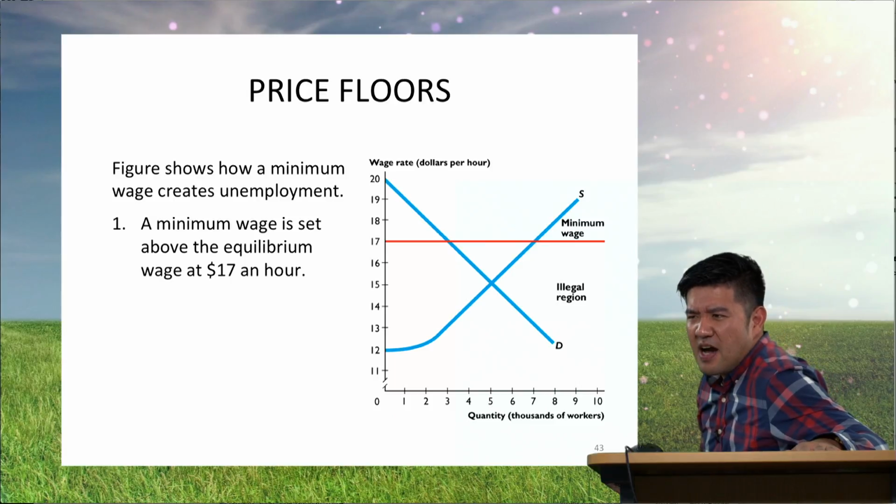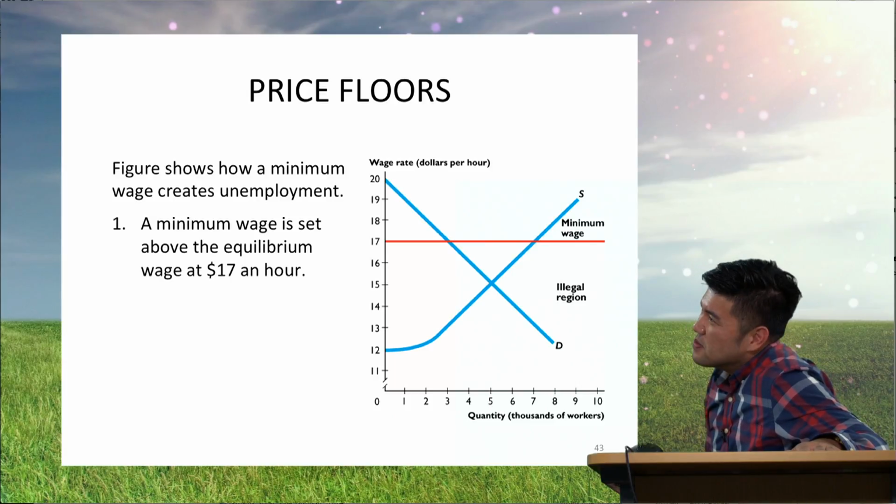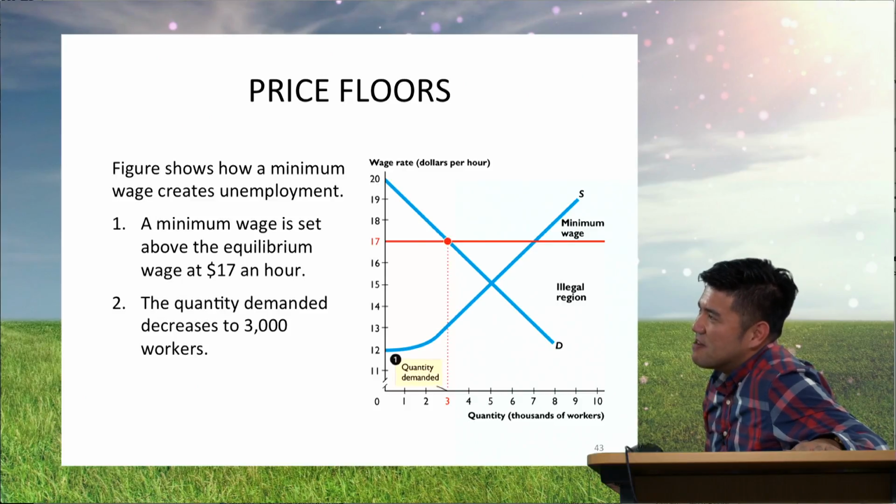Just say the government comes to this market and says, nah, I'm not happy with 15 being the market wage. The government is trying to be good here.